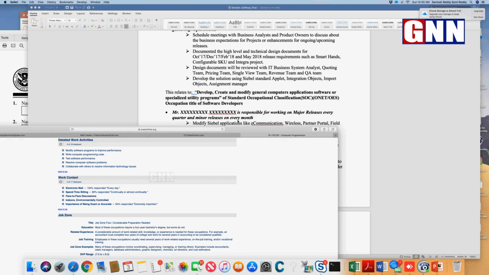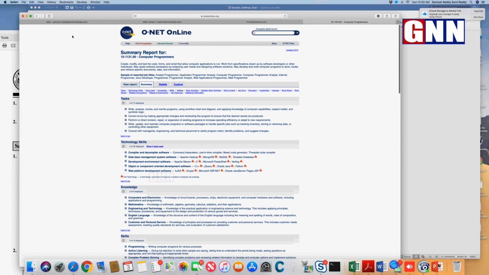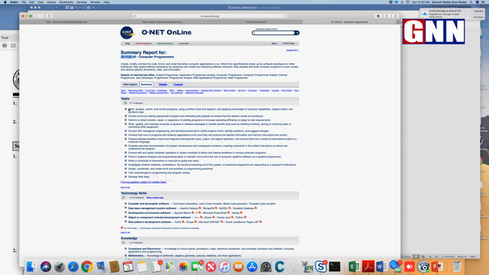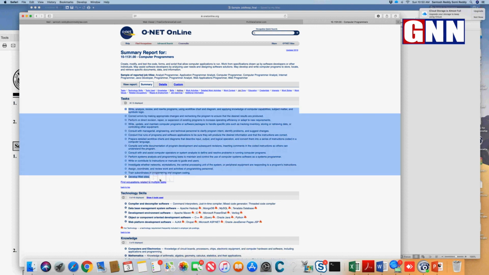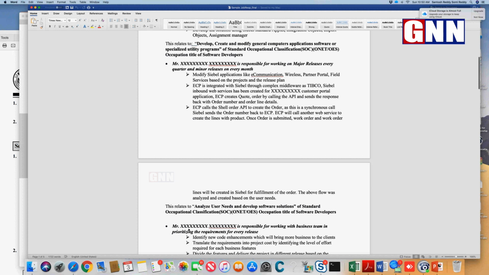Just type in that SOC code on Google. For example, assume that you filed the LCA using 15-1131 computer programmer. Then you would type in that one, and these are the tasks for a computer programmer position. So you would write these job duties in detail and show how those job duties relate to that task.